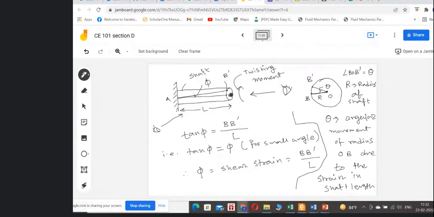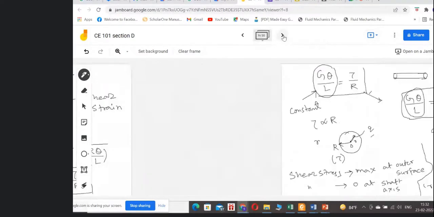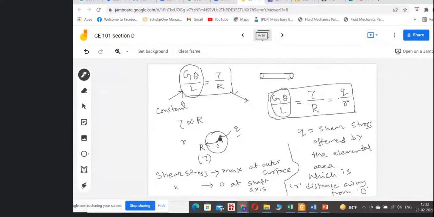That is why I have written here that when this r becomes 0, that means at the center point, the shear stress becomes 0, and when small r becomes capital R, the radius or outer surface of this shaft section, then the shear stress becomes maximum.